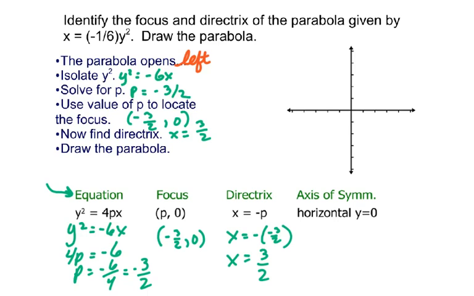So I'm going to start with knowing where my vertex is, which I know is at 0, 0. I know that my focus is at negative 3/2, 0, so I'm going to graph that. I know that my directrix line is x equals 3/2. That means it's a vertical line at a positive 3/2.